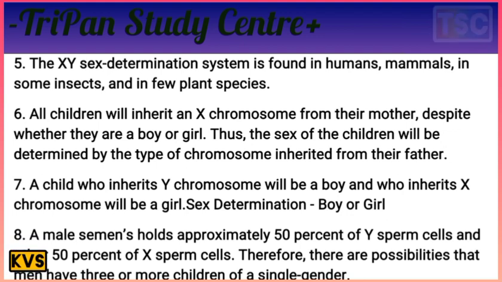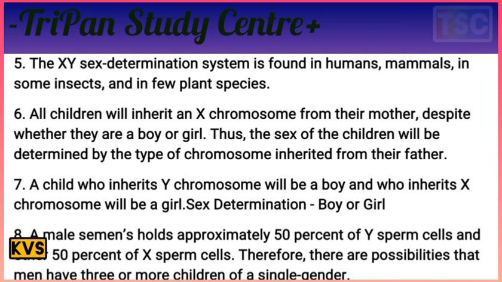And all children inherit an X chromosome from their mother, whether they are boys or girls. Thus the sex of the children is determined by the type of chromosome inherited from their father.